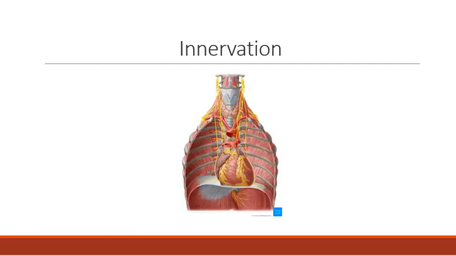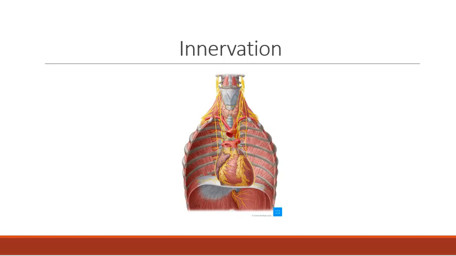Innervation of the heart involves a complex balance between intrinsic automaticity and extrinsic nerves. There are structures like the SA and AV nodes that provide the heart with an inherent ability for spontaneous rhythmic initiation of the cardiac impulse.